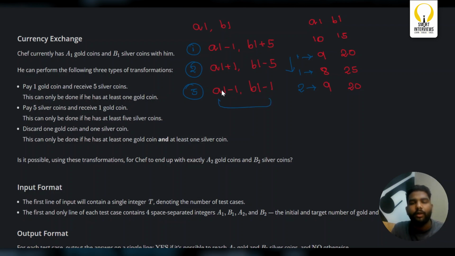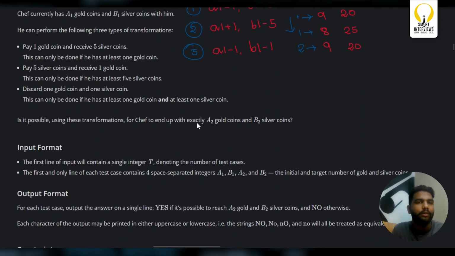So, you keep on decreasing A1 and B1 by 1 continuously, right? Now, what is the actual requirement of these operations? By using this transformation, you have to check whether CodeChef has A2 gold coins and B2 silver coins.